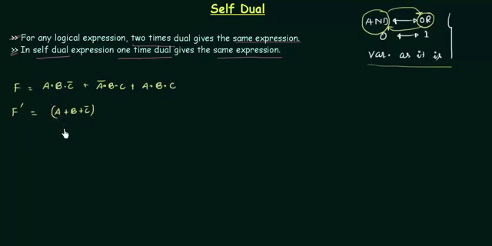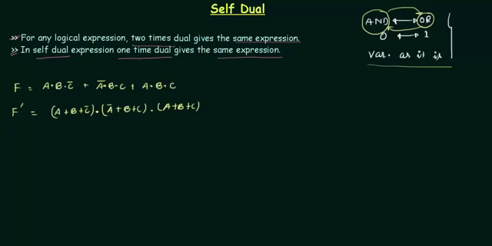We are keeping the variables as it is, and we are exchanging AND with OR, and this OR will now be written as AND. A complement or B or C and A or B or C. So this is what we have when we take the dual 1 time.